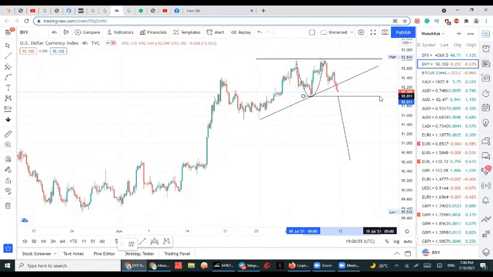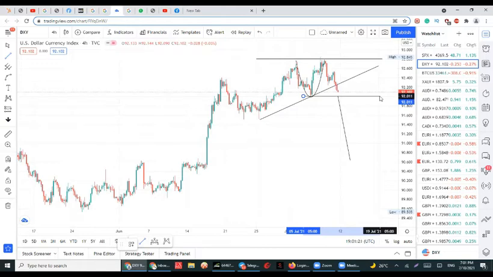Basically what I'm saying is that my focus for the week, probably next week from the 12th to the 17th, is on the dollar index to pull downside. Notwithstanding, we are basing our analysis on price action only.